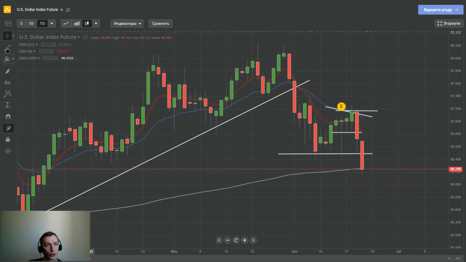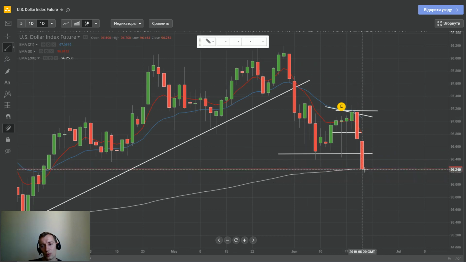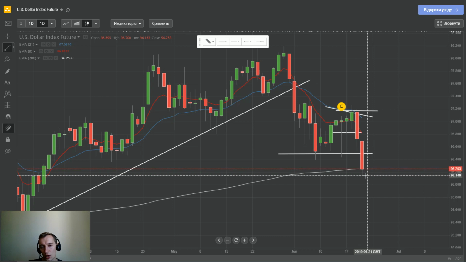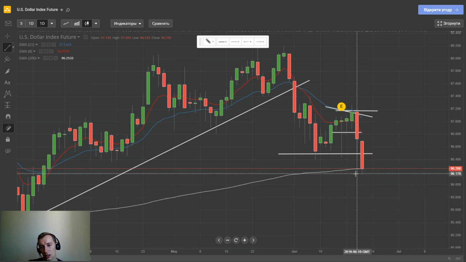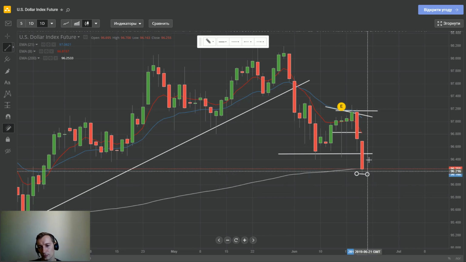You know what a reversal candle is? When we push below this low, that is actually 96.15, we push below, we come back above, and we close green above this key low from yesterday's session. That is the definition of a reversal candle.